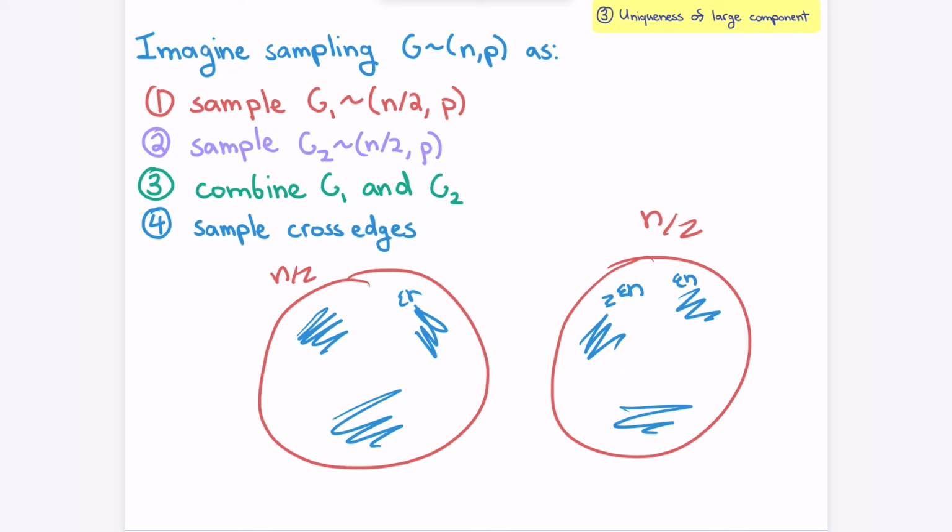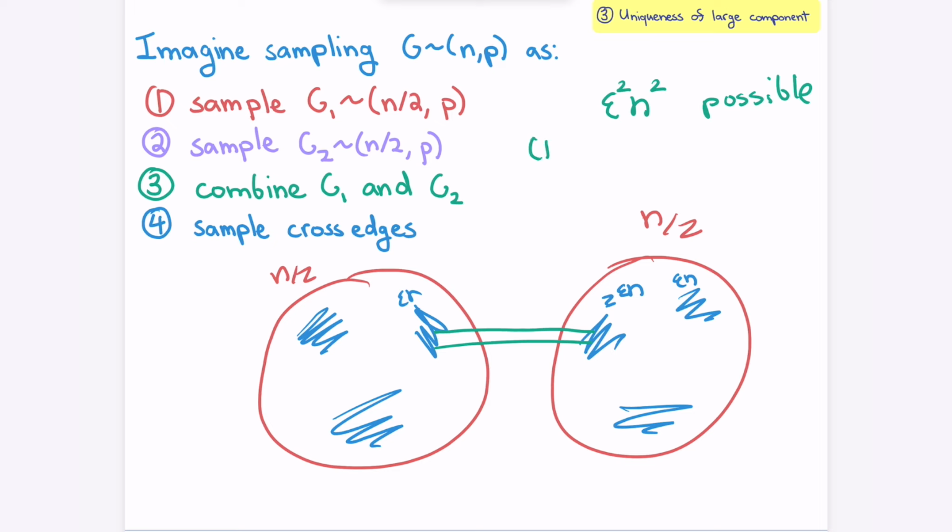Now we're going to sample the cross edges. My claim is that between any pair of giant components, one from each side, we're almost definitely going to get one edge. But why? There are epsilon squared n squared possible edges between them, right?